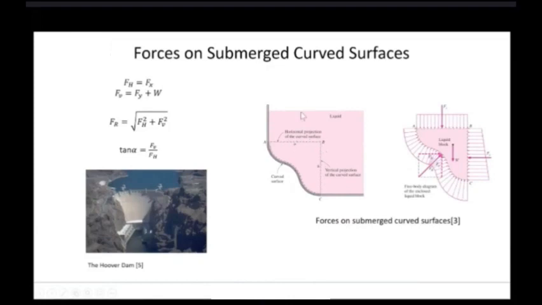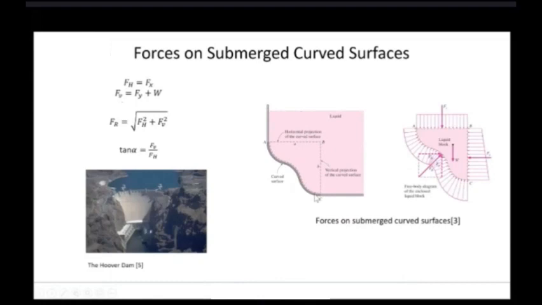So not only have we got the force acting on this flat surface, but we also need to consider the weight of this fluid, which is also sat on top of that curved surface. Hence we end up with that relationship there, that our vertical forces on our curved surface are equal to the vertical forces on this plane AB plus the weight of the fluid block sat on top of our curved surface.